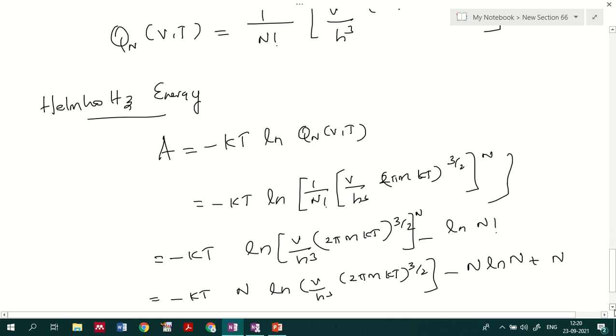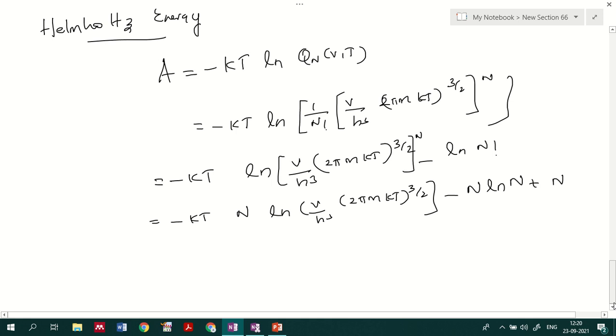We have represented this by Stirling's theorem, so by Stirling's theorem ln n factorial can be expanded in this fashion. So minus into minus will be there, that's why we represent plus n here.